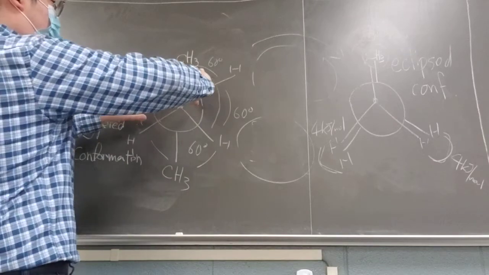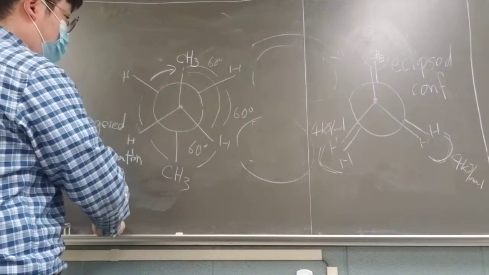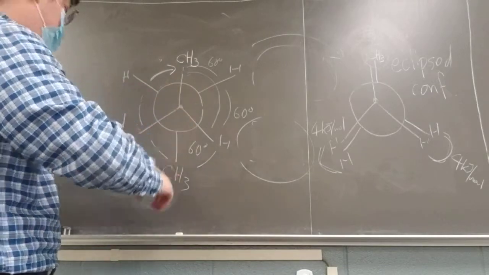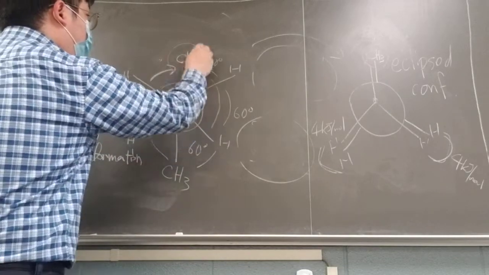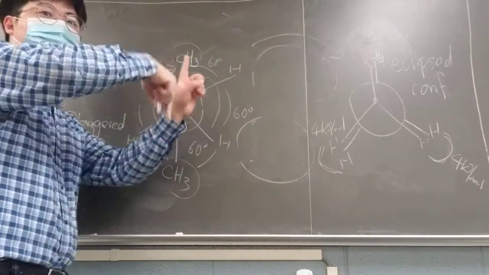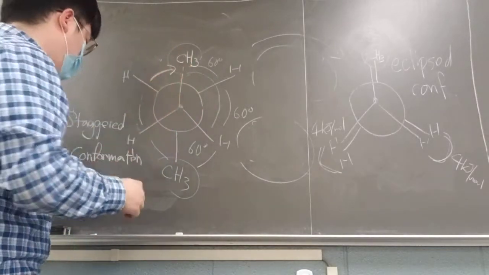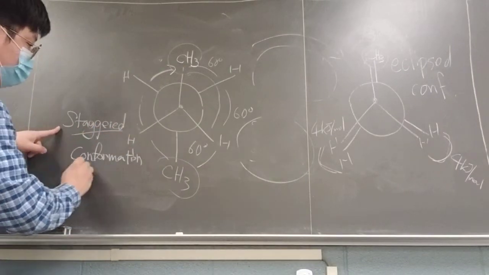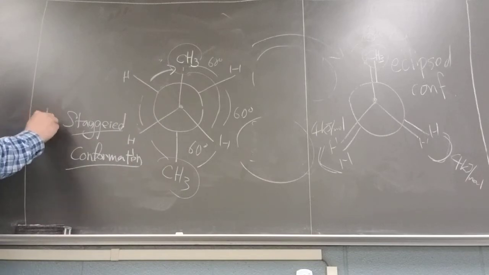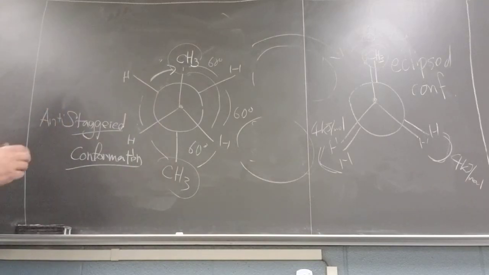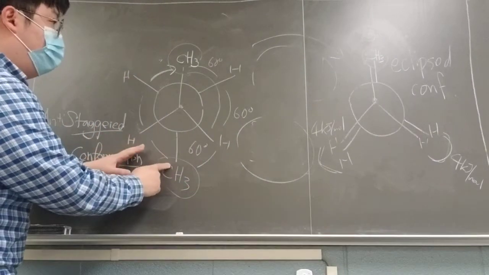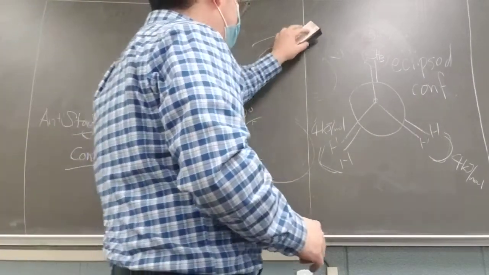If you put it in this position, you have a methyl group on the front carbon, and the methyl group on the back carbon is in the opposite direction, right? We call this staggered conformation, and it's a more stable form. So we call this anti-conformation. Well, you can say anti-staggered conformation, it's okay. But this is the most stable form, okay?